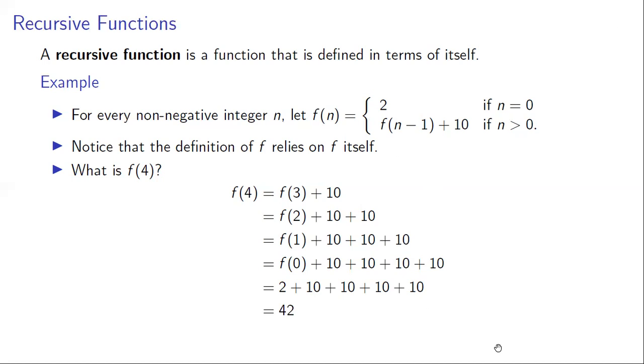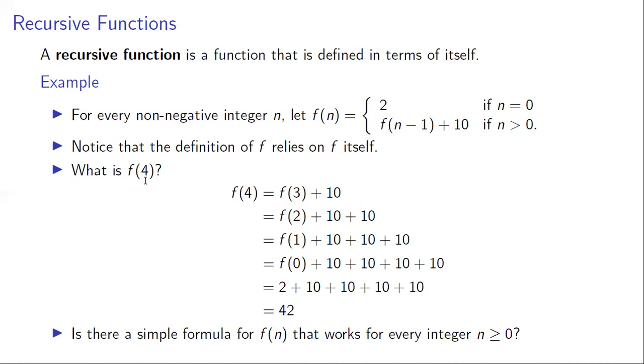But notice how much work it took just to figure out f of 4. And of course, if we wanted to figure out f of 14 or f of 54, it would take a lot more steps. So the question is, is there a simple formula for f of n that works for every integer n that is greater than or equal to 0? Again, the function is only defined for non-negative integers, so we don't care about negative numbers.